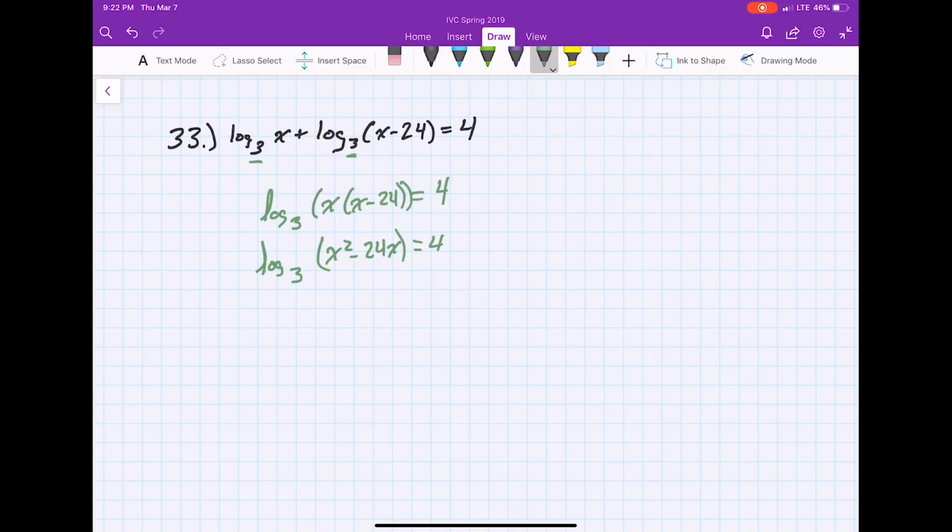Okay, so now I can take the 3 and pick up the 4 as my exponent and set that equal to the quantity of x squared minus 24x. Well, 3 to the fourth is, I should know these, memorize them, but I'm going to have to do it by hand. That's 9, that's 27, 27 times 3 is 81, I think.